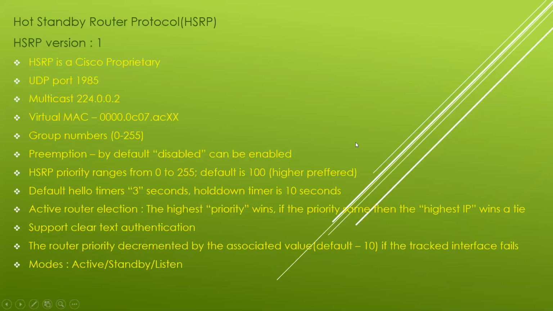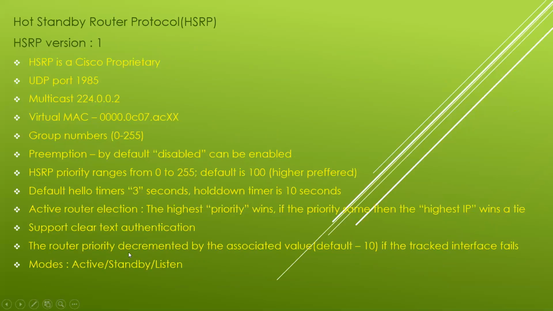Default hello timers are 3 seconds and the hold down timer is 10 seconds. If it doesn't receive hellos for 3 seconds, then it will hold for 10. If it still doesn't receive any, then preempt comes into the picture.